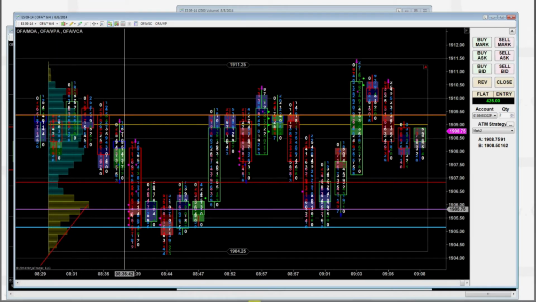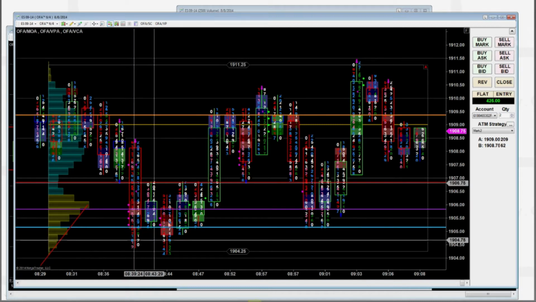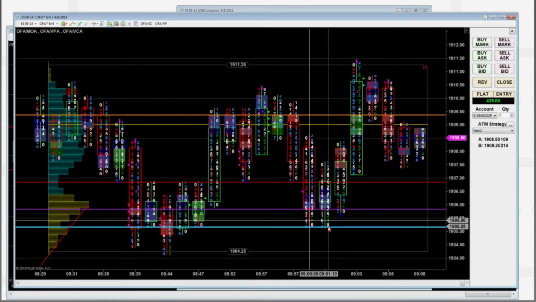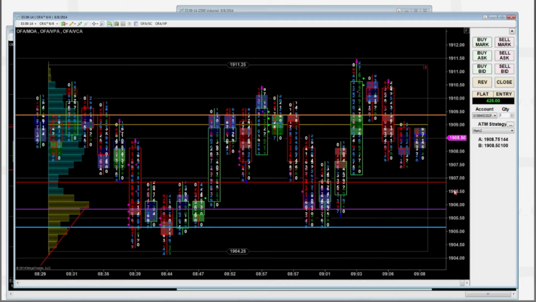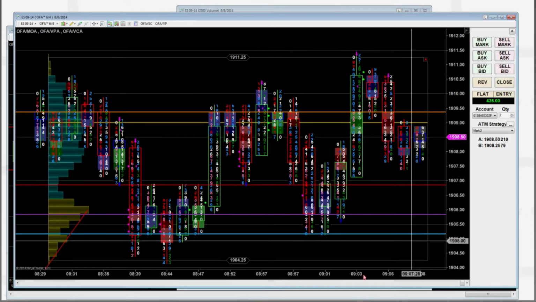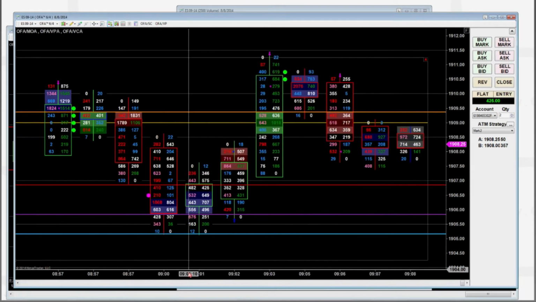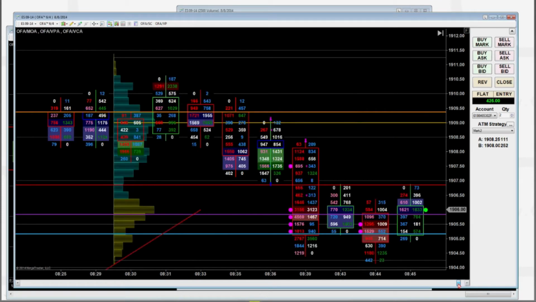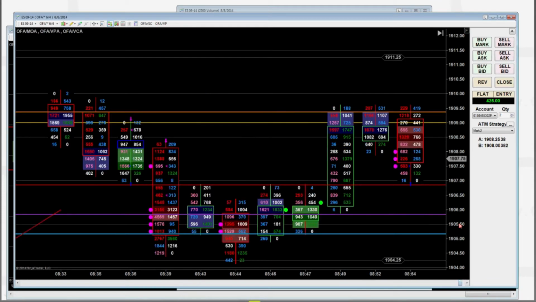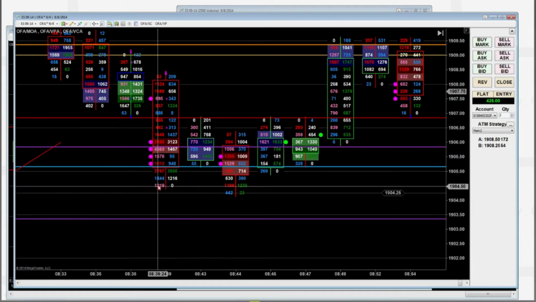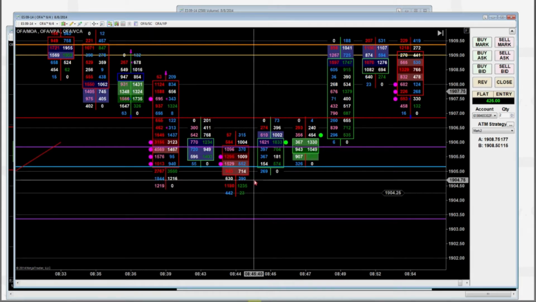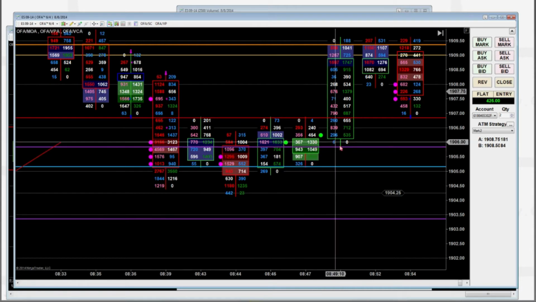But this tried testing lower 1, 2, 3, 4 times. And in every single case as it tested lower, we had one time, the first time, where there was some strength at the bid. And then weakness, weakness, weakness, weakness.